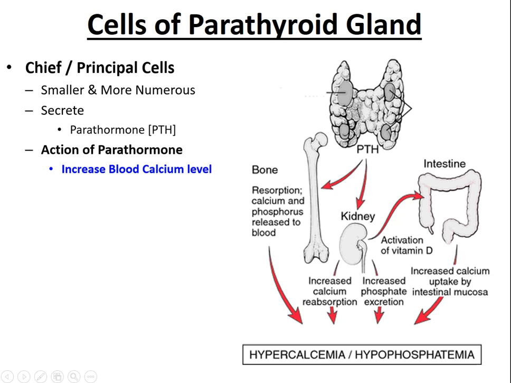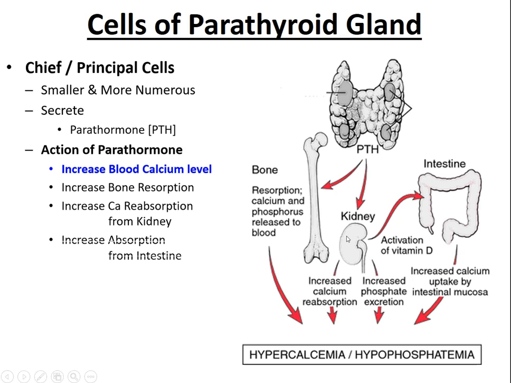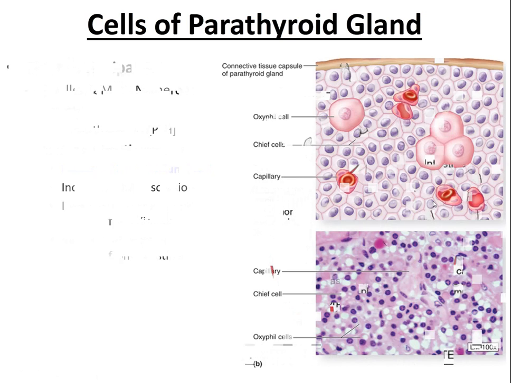It also does calcium reabsorption from the kidney, so it prevents excretion, and so there is more calcium in the blood. And simultaneously it also increases the absorption of calcium from the intestine, and so the blood calcium level increases.